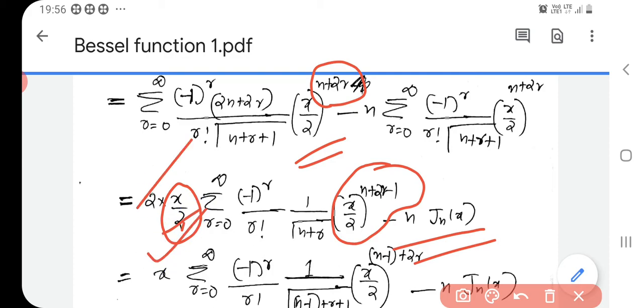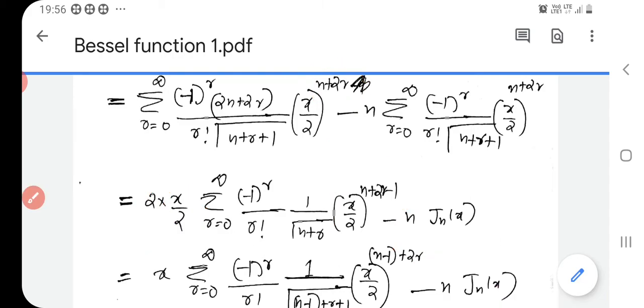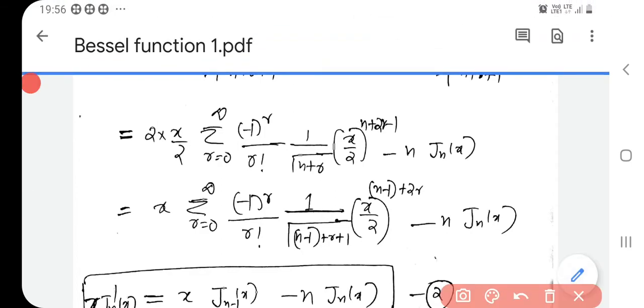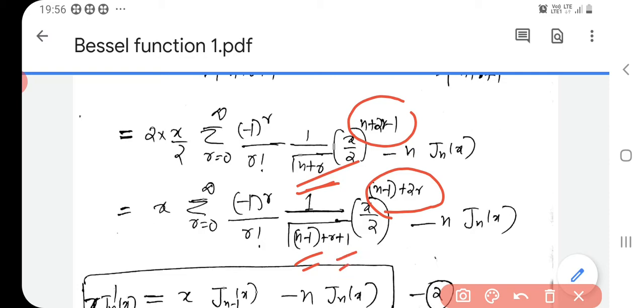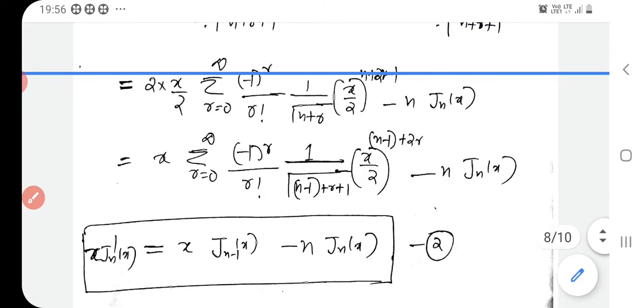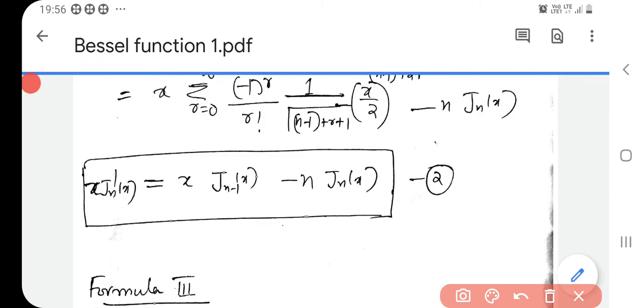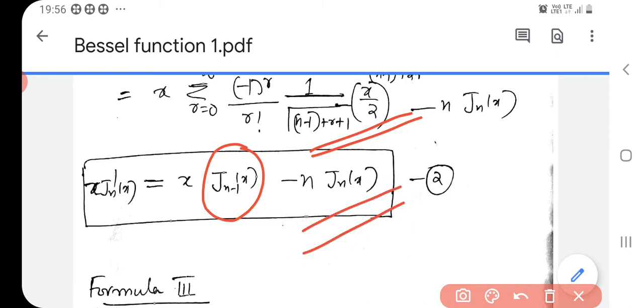I can write this as n minus 1 plus 2r, just a rearrangement. Here n plus r, gamma n plus r, is gamma n minus 1 plus r plus 1. So we have x j n minus 1 of x here, and here we have minus n j n of x.